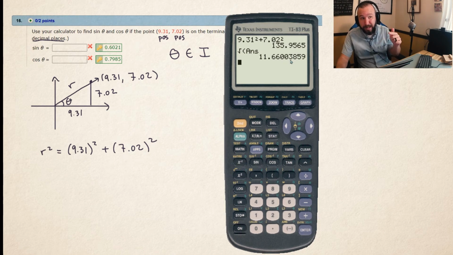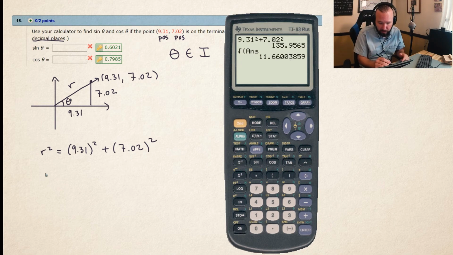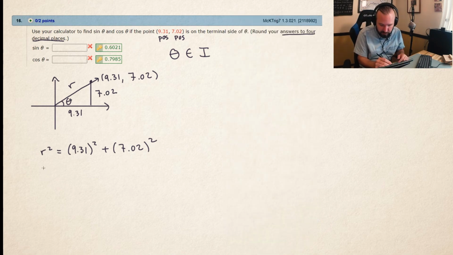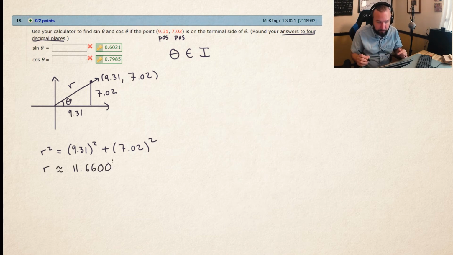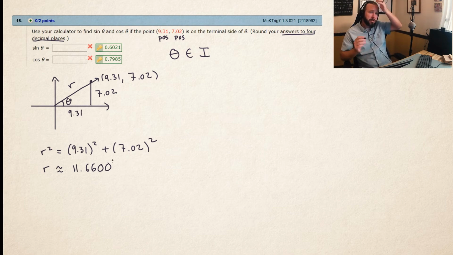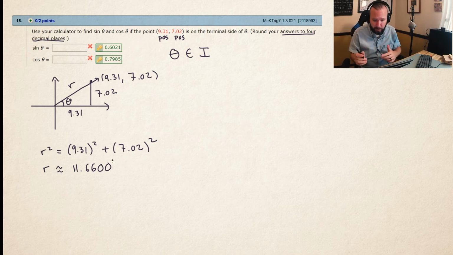Since it's a 3, which is less than 5, I'm going to round it down. So r is approximately equal to 11.6600. I'm going to keep those 2 zeros just to remind myself how far out I went before I stopped rounding.